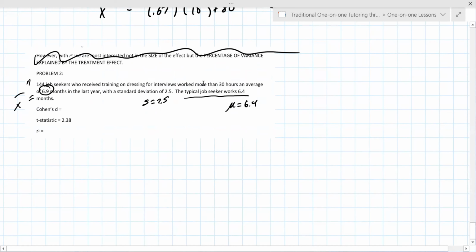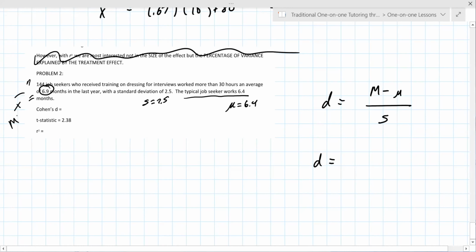Okay, so your Cohen's D, which it's strange that they're asking that for that here, but nevertheless, your Cohen's D is D equals M minus mu over S. Your M is the X bar.